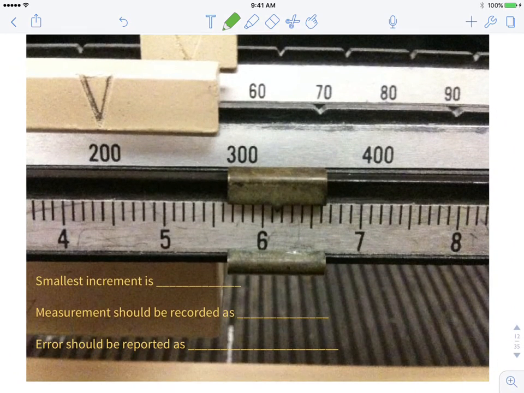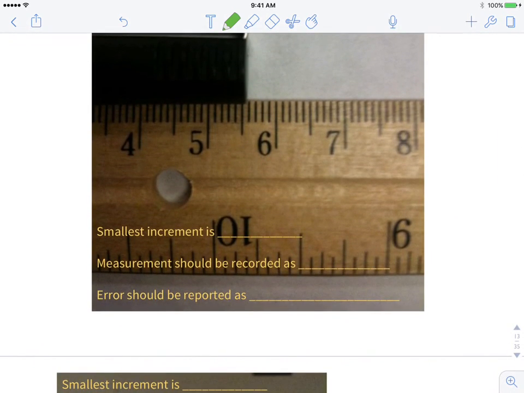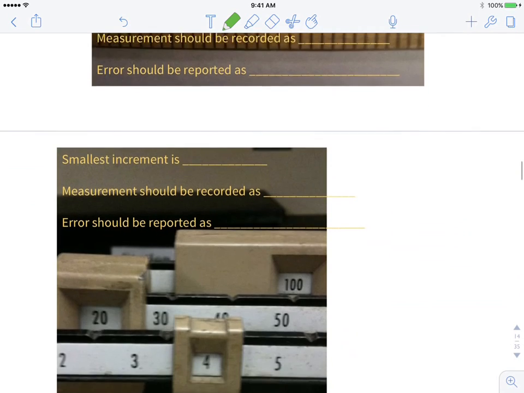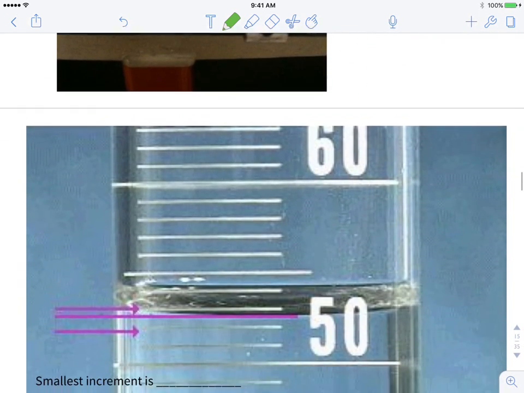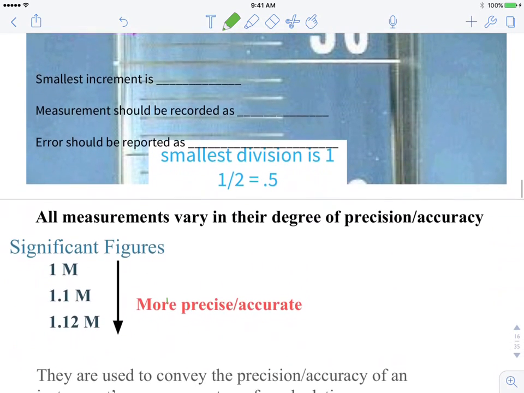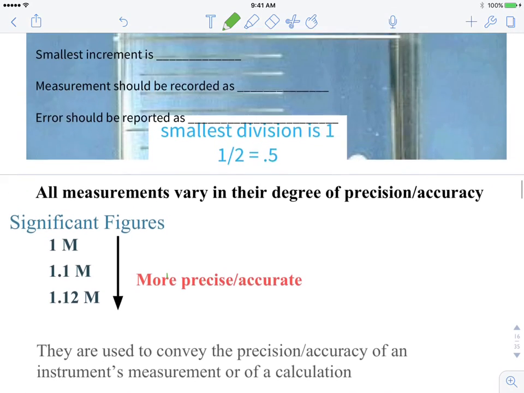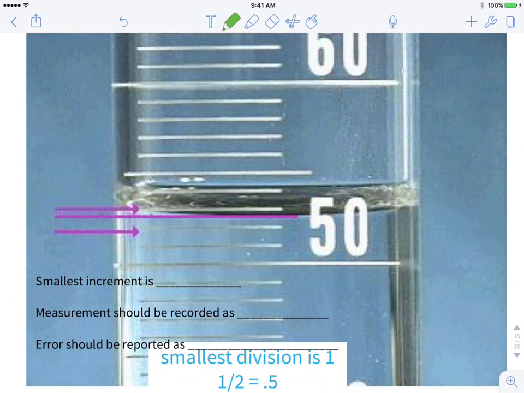And here are some examples that I want you to try now on your own. Come into class tomorrow with these. Let's go over them together. Let's spend the time reading each of these. Now that you've seen sort of how to do this, it's time for you to practice. Here's another example with a graduated cylinder. And then after that, we'll talk about significant figures and what they mean. But for now, we're going to talk about reading equipment, and you're going to practice reading equipment on these slides and try them for homework. Thanks so much.